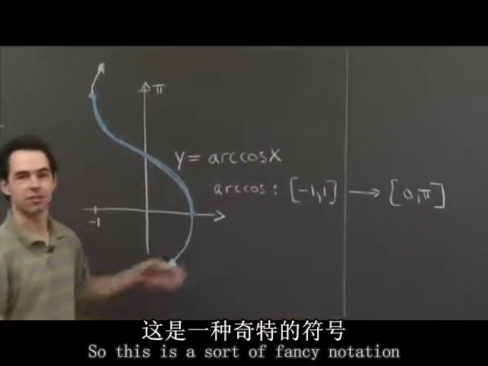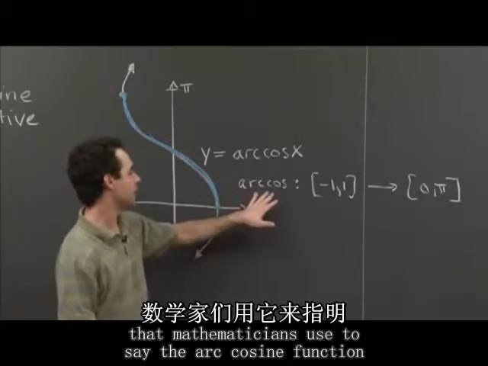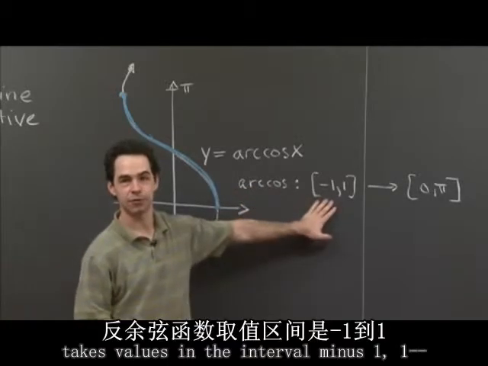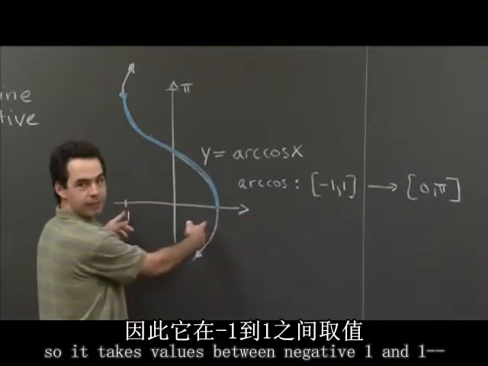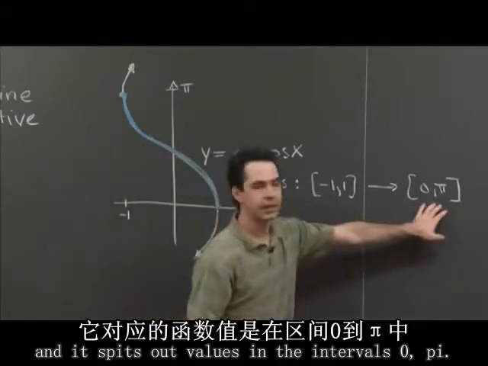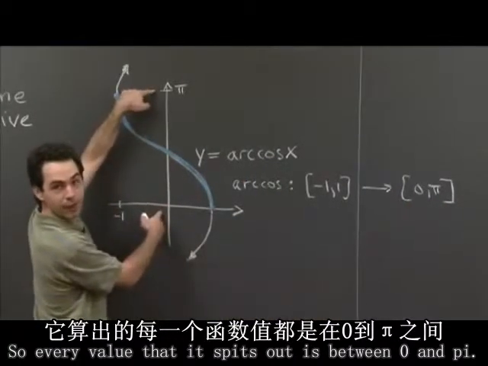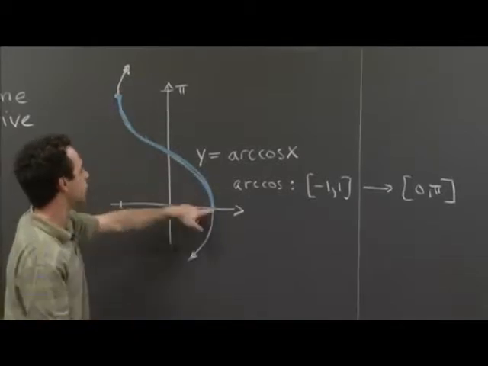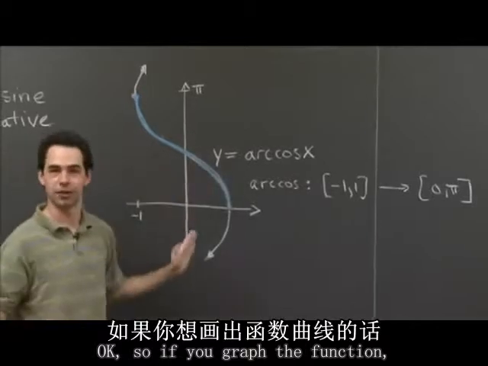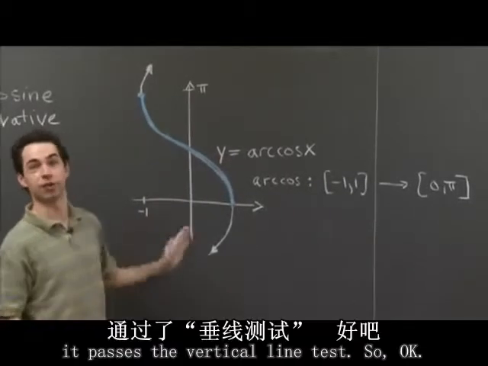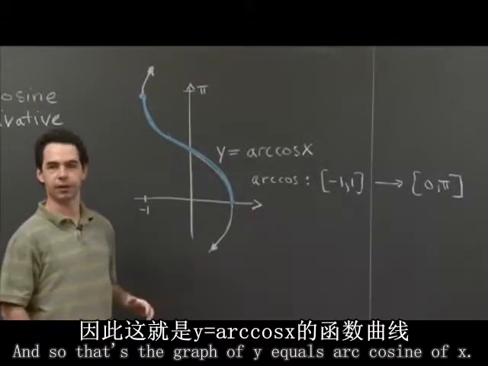This is a sort of fancy notation that mathematicians use to say the arc cosine function takes values in the interval -1, 1, and it spits out values in the interval 0, pi. So every value that it spits out is between 0 and pi. So if you graph the function, now this is a proper function, right? It's single valued. It passes the vertical line test. And so that's the graph of y equals arc cosine of x.